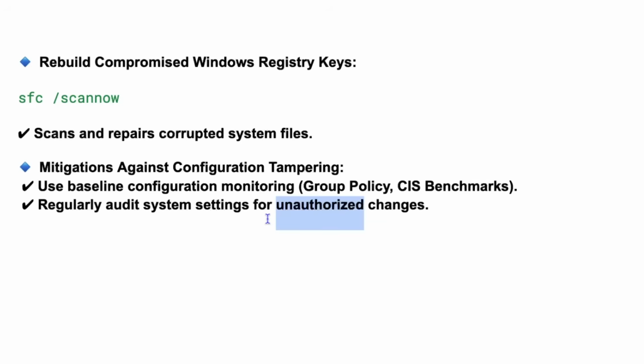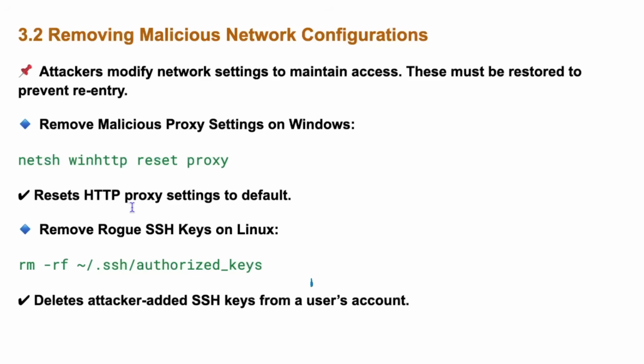And if somebody other than those permitted people accesses the network share, that's when the audit system says, hey, you know what? I just noticed something that might be unauthorized. So it will be much less noisy because you have a whitelist of IP addresses as well as users. And then from there, you can kind of reverse engineer to see when unauthorized changes have been made. Next, you need to remove malicious network configurations.